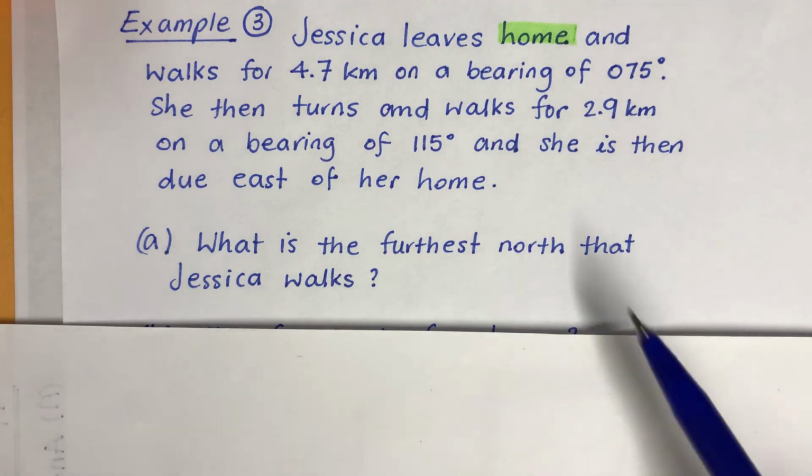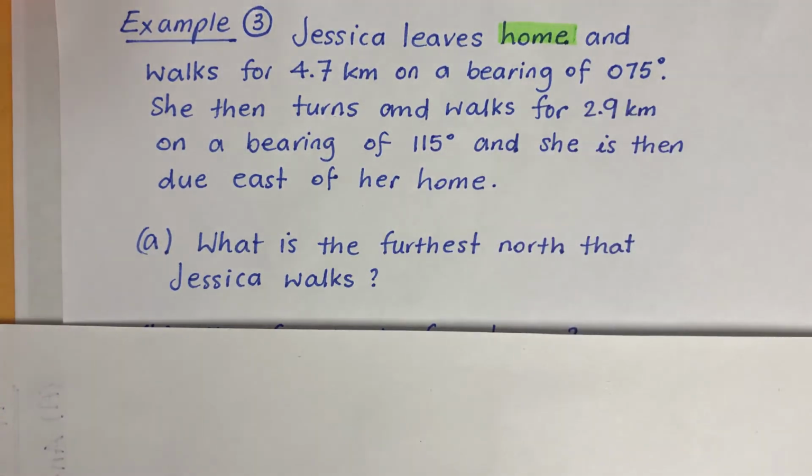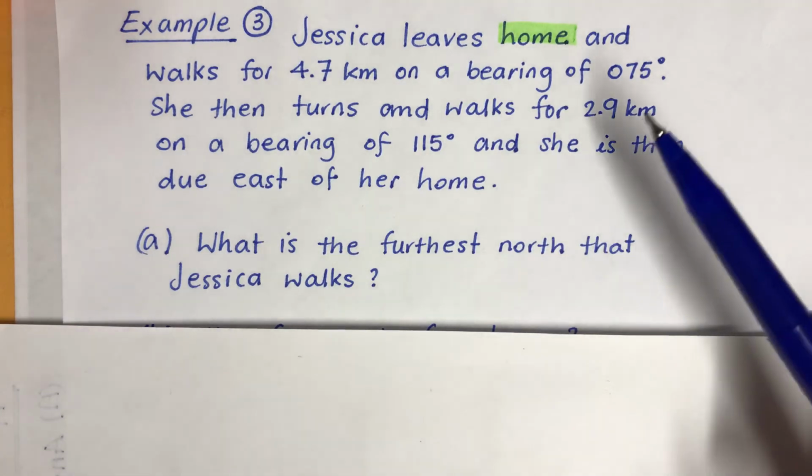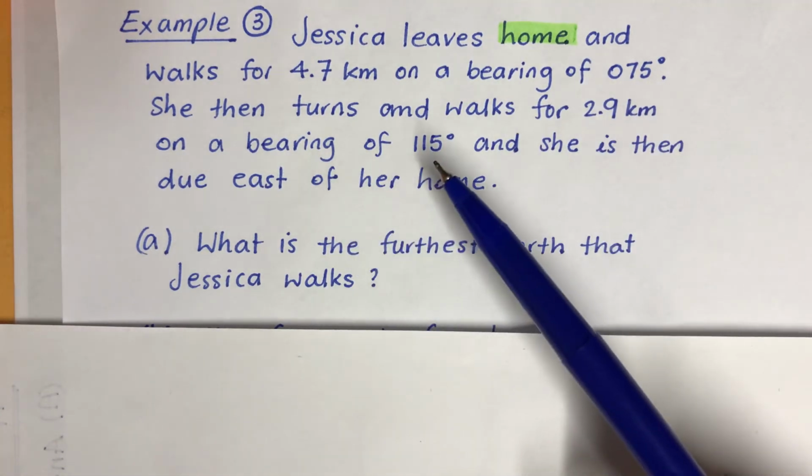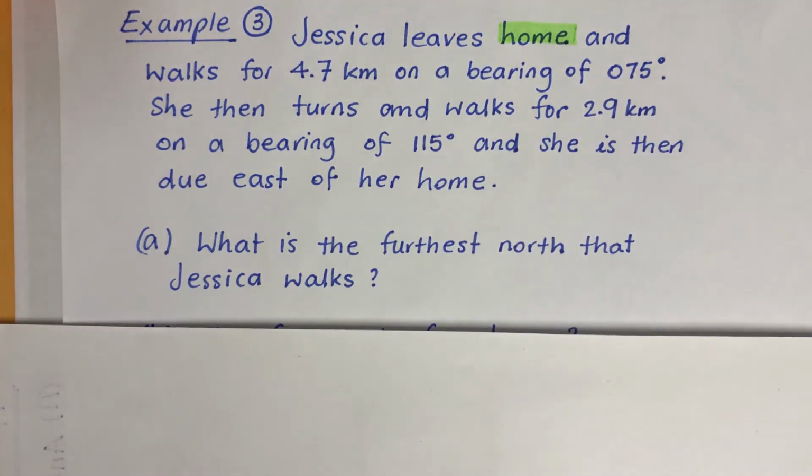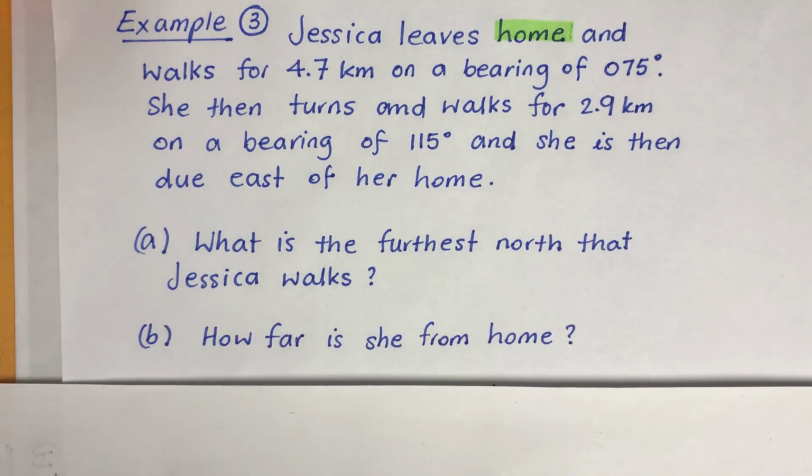So that's already, I can see two starting points there. One starting point is 75 degrees and one is 115. Okay, and she is then due east of her home. And what is the furthest north that Jessica walks? And that's the first question.